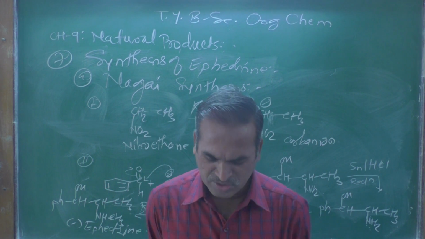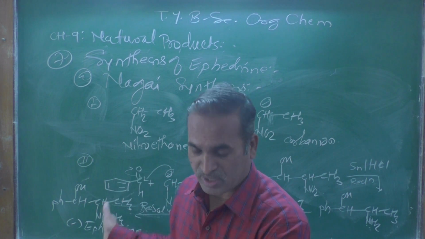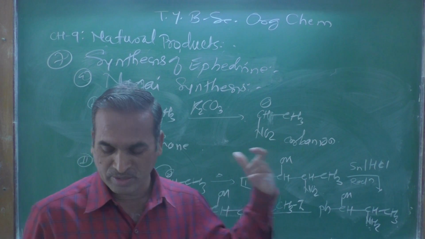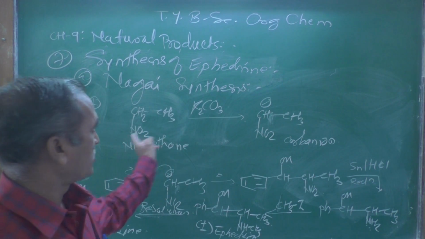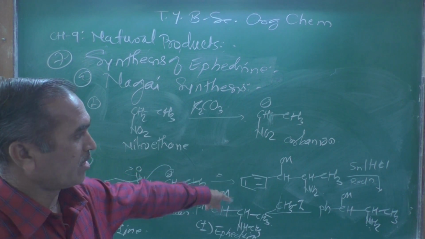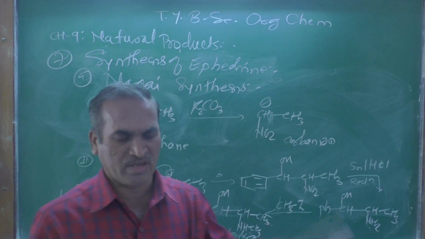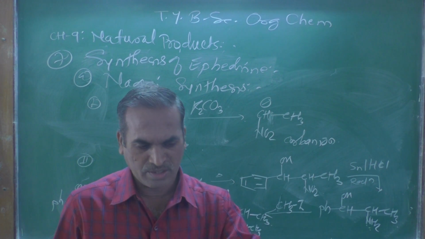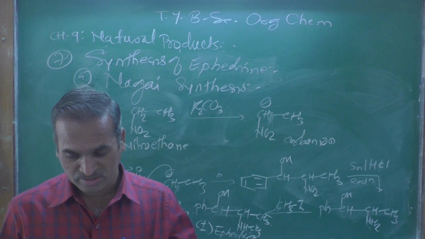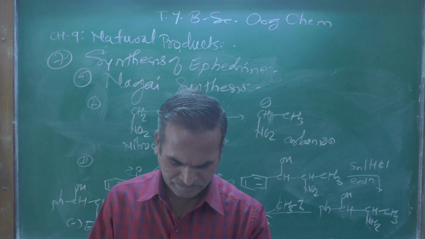Write the Nagai synthesis of ephedrine. Just now we have seen, look at the board. It is very simple. Only 2 steps are there, and all the steps are very simple and easy, so that you can get 3 marks.